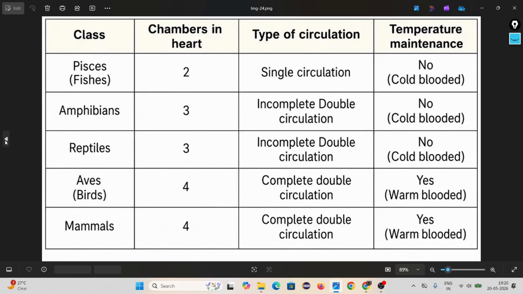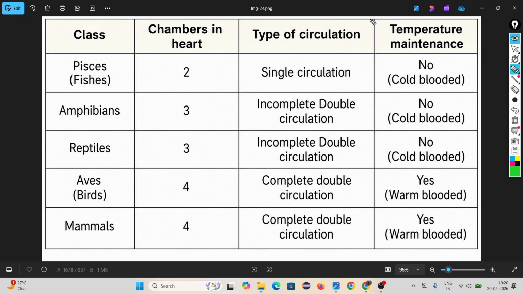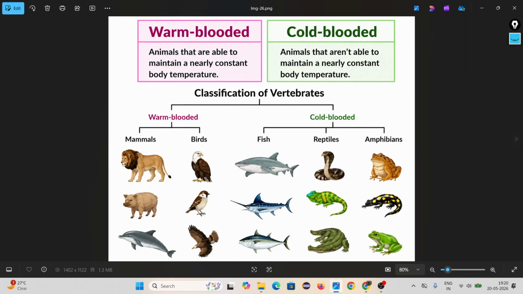When we are learning the difference between vertebrates, there is a term called temperature maintenance. What do you mean by this? We have 2 types of organism: warm blooded and cold blooded. Do you know what the temperature of our body is?